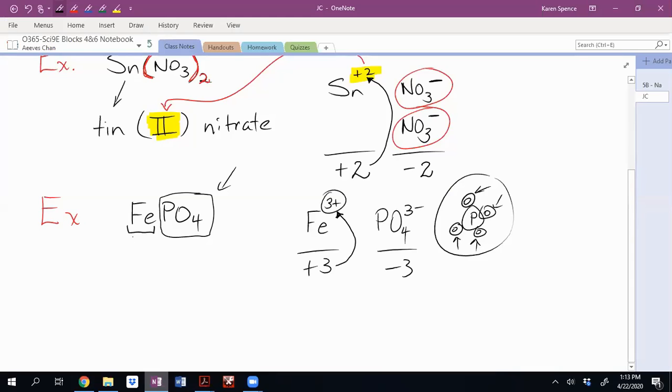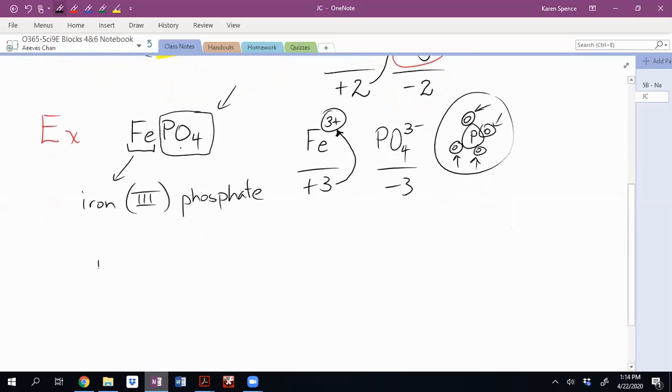So our compound name then is iron 3. And then PO4, while I was there looking up the charge, I could also look up its name, and it is phosphate. Don't try and change it to phosphide.